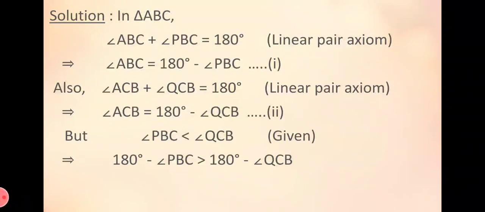And if we subtract a bigger number from the same number, then we will get a smaller number as the answer. So we write 180 degrees minus angle PBC is greater than 180 degrees minus angle QCB.